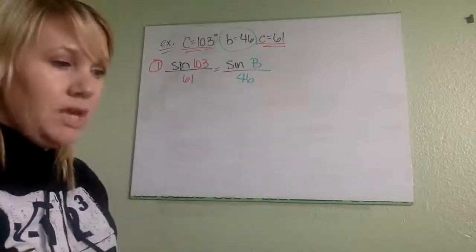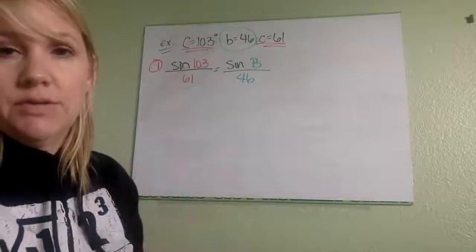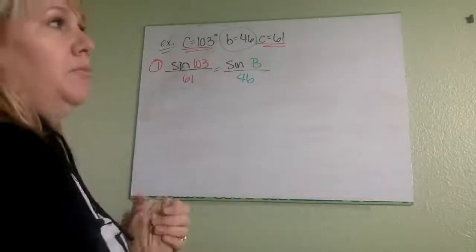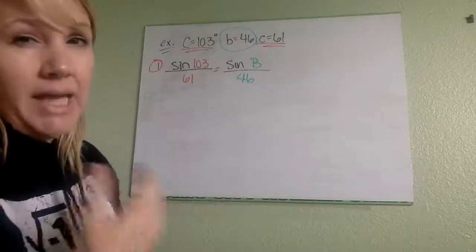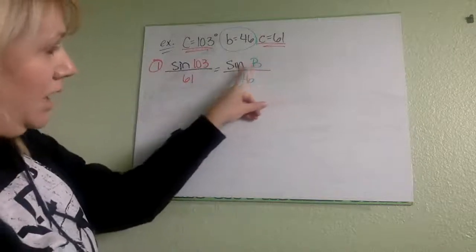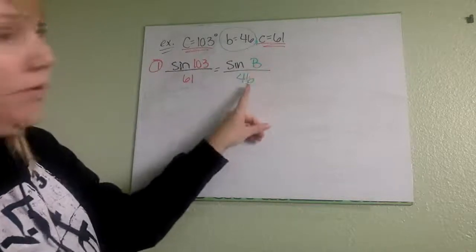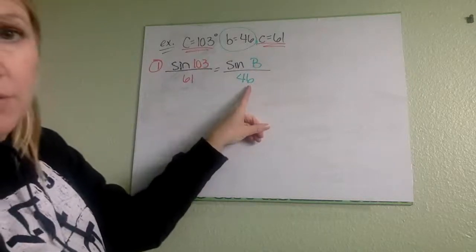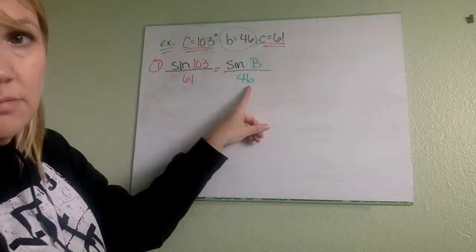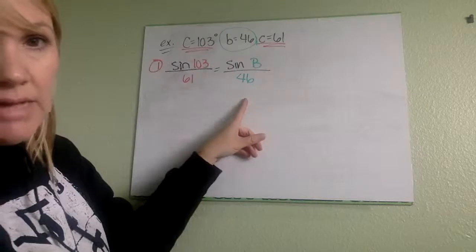Now, you could go ahead from here and do your cross multiplication like you did on the last one. What I want you to notice, though, is that actually adds a step to your work because to get sine B by itself, all I have to do is multiply both sides by 46. So absolutely, I could do my cross multiplication like I did on the last example.